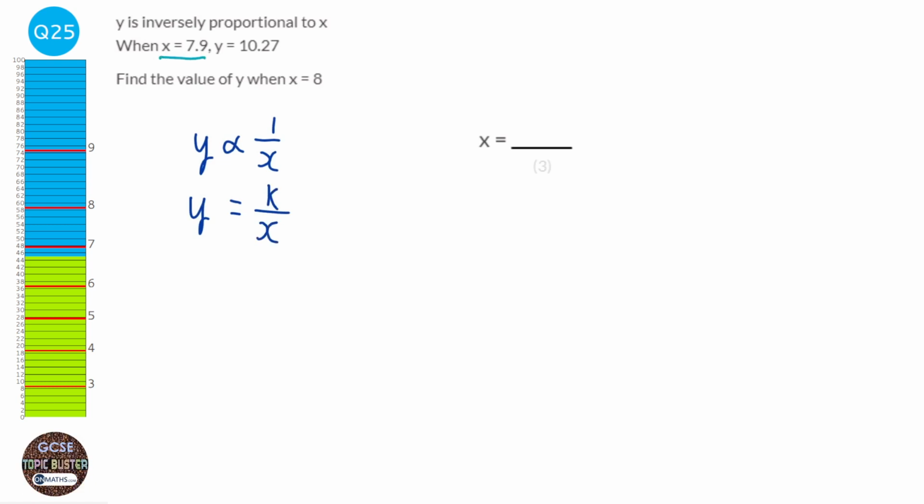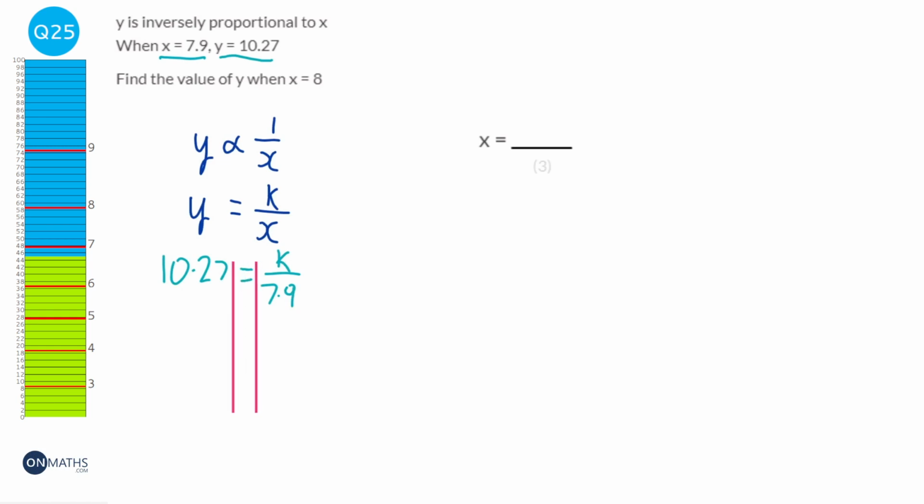And we're told that x is 7.9 when y is 10.27, so we're just going to substitute those both in so that we can find out what k is, what our constant is. I'll do a bit of simple solving by multiplying both sides by 7.9. When I do that, I get that k is 10.4.